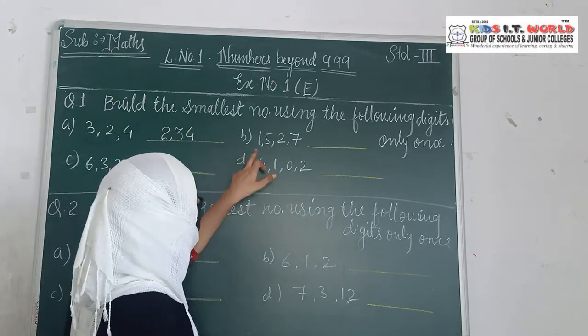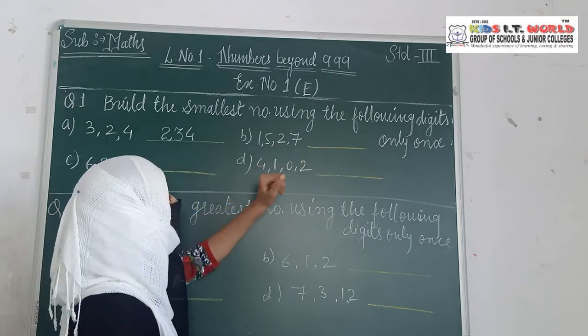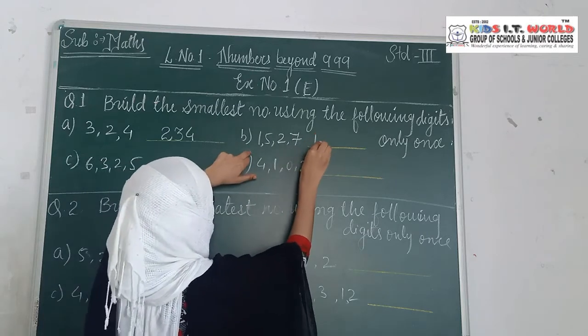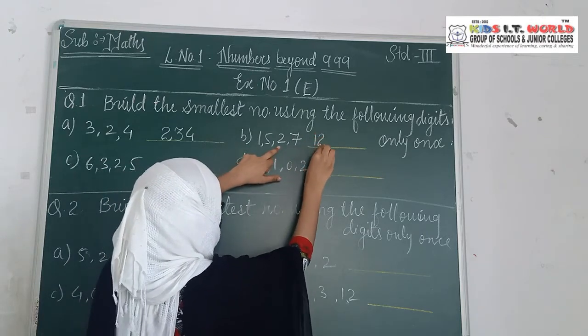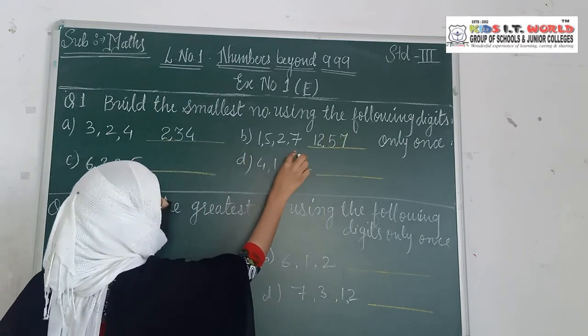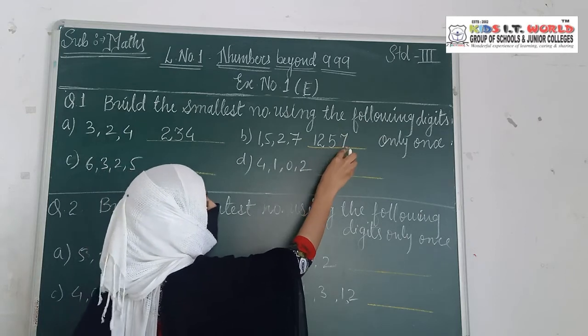Next one, here 1, 5, 3, 7. Now see which number is the smallest here? 1. After 1 it is 2, then 5, then 7. So from this we got the smallest number 1257.